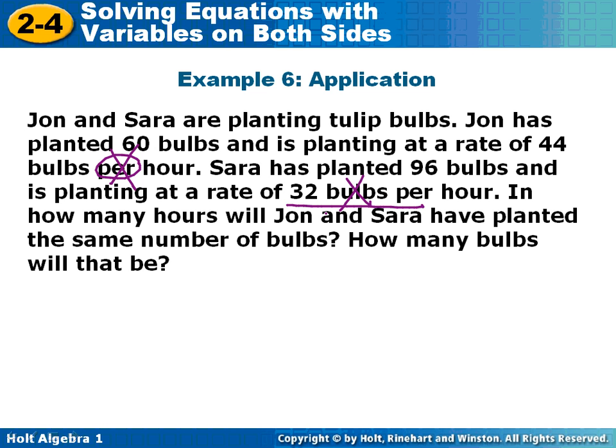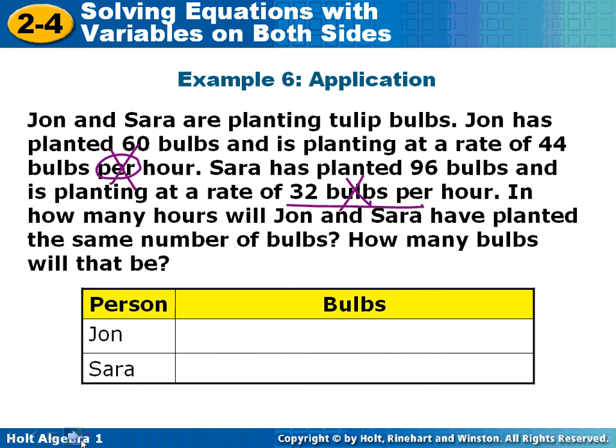That's where the next x is going to go. John is going to start with 60 bulbs, and he's going to add 44 per hour. Sarah is going to start at 96 bulbs, and she's going to add 32 per hour.